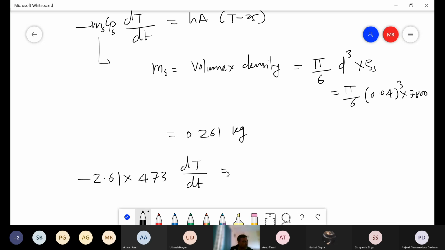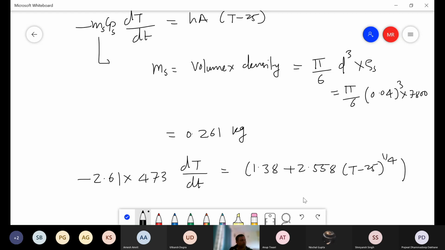H we have just calculated, H is calculated as 1.38 plus 2.558 (T minus 25) to the power 1/4. This bracket is H multiplied by area.